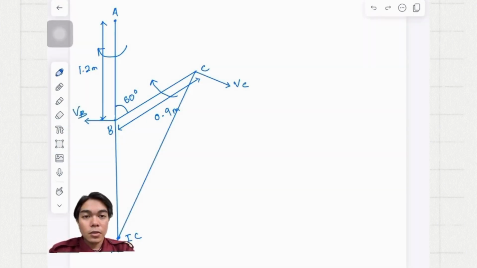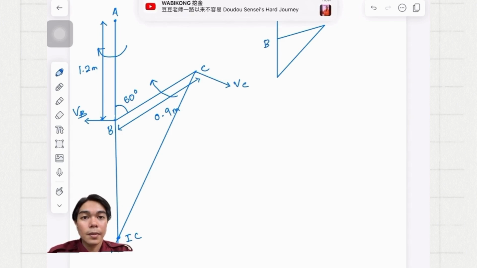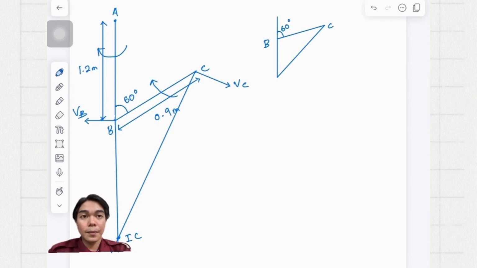My name is Muhammad Yusuf, and I will explain how to find the value of angular velocity of bar AB and bar BC, and then the value of velocity at point C. From the free body diagram, we know that the angle between points A, B, C is 60 degrees. Then we can find the angle between point IC, B, C by subtracting 60 degrees from 180, and we get 120 degrees.